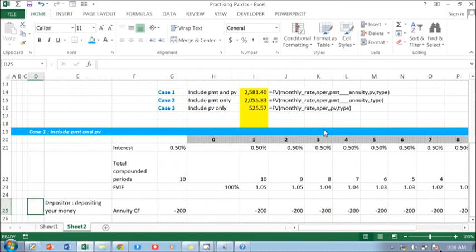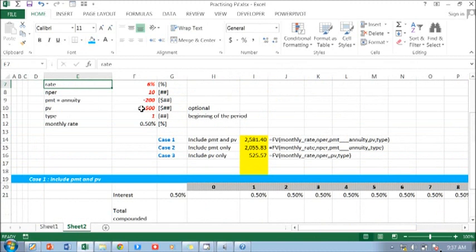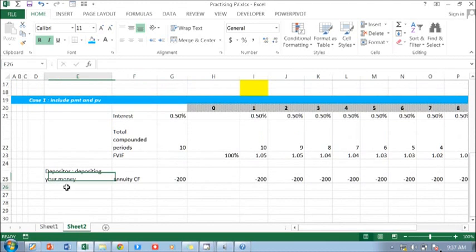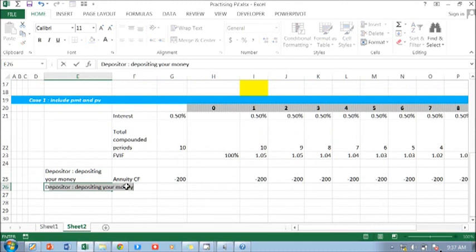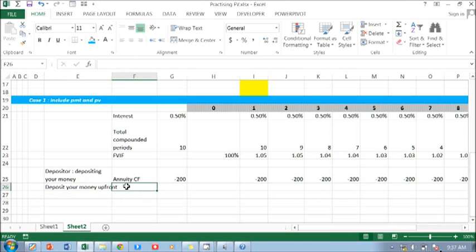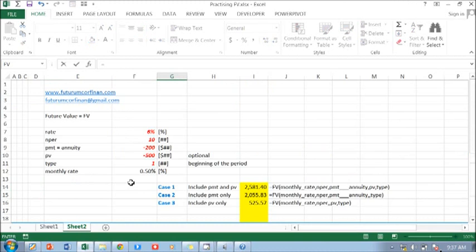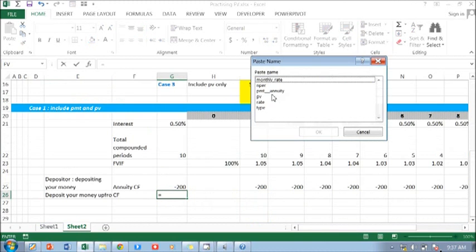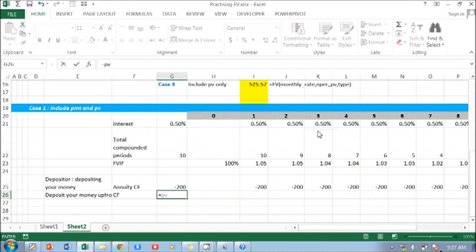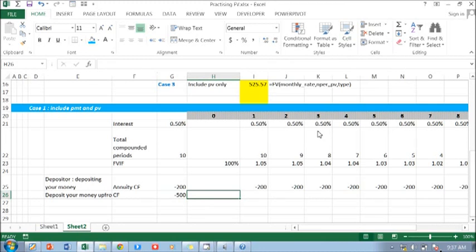So this is your first deposit, but you have another PV that is negative. This is your PV. You deposit your money upfront. So your cash flow is minus. Okay, put F3, go to your PV. So this minus happens in the first period.